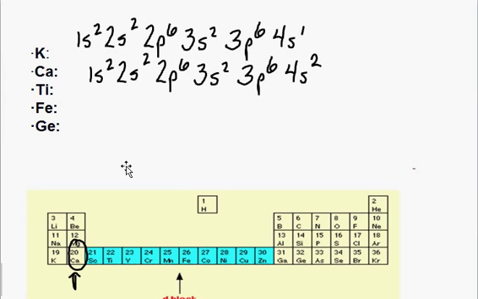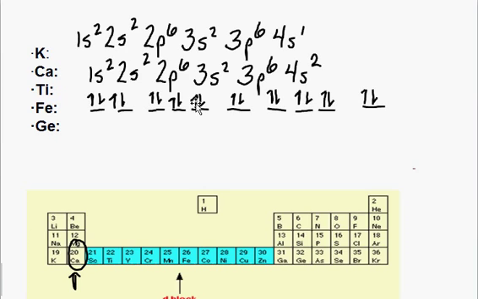Alright, with calcium, I'm just adding an additional electron from potassium, so I go from 4s1 to 4s2. So my orbital diagram, I'm just adding this additional electron onto the end.